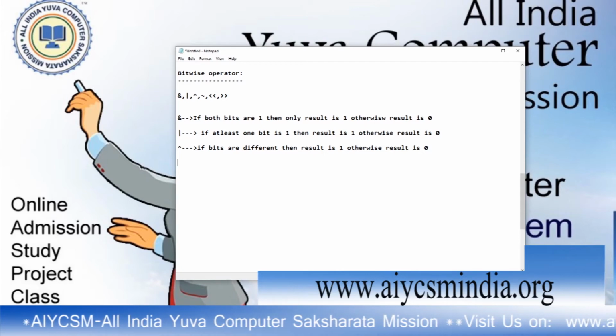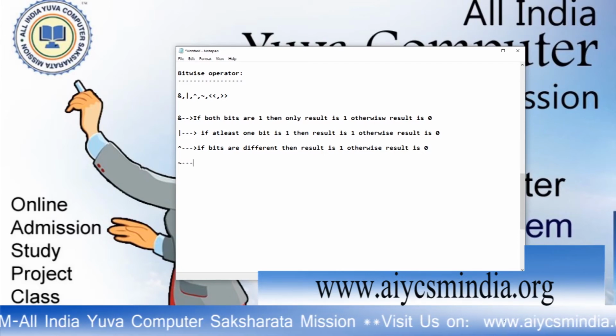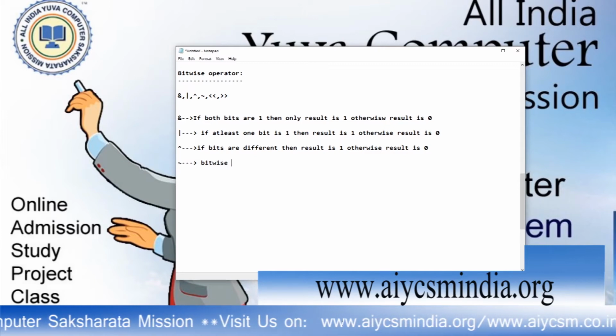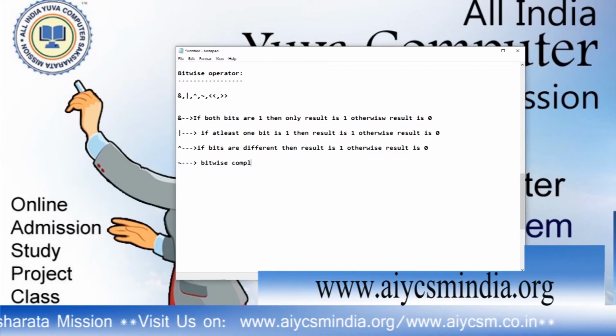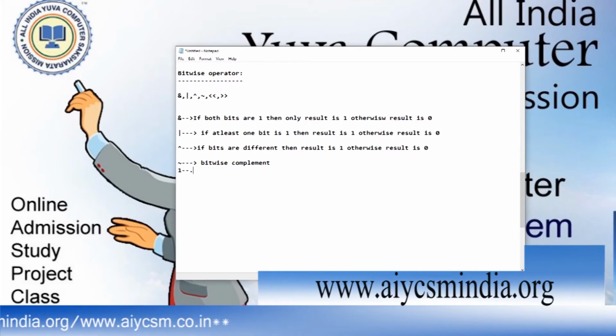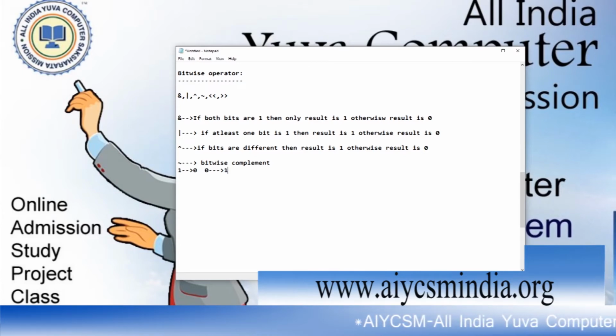And for the complement, the tilde, bitwise complement, 1 becomes 0 and 0 becomes 1. Okay, this is the bitwise operation.